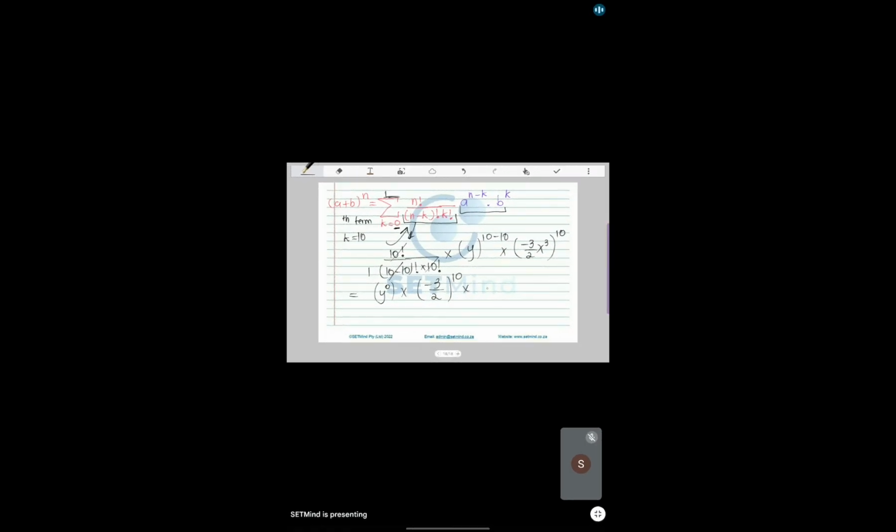So the numeric coefficient of the 11th term is simply going to be 3 over 2 to the power of 10. This is what I'm getting. I'm not sure if this is the correct answer. I hope it is. Is there anyone who has a question?